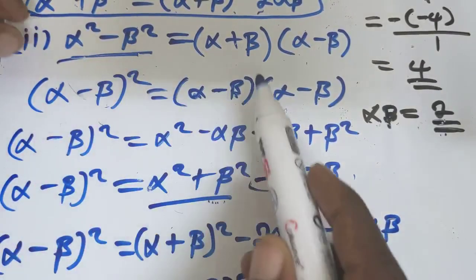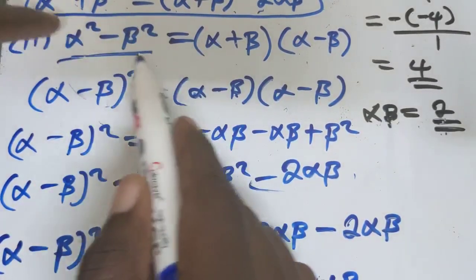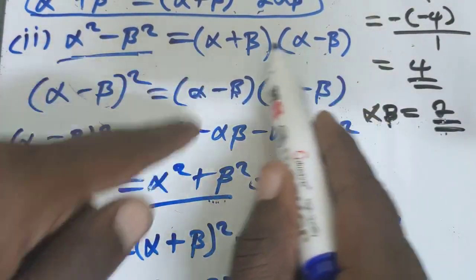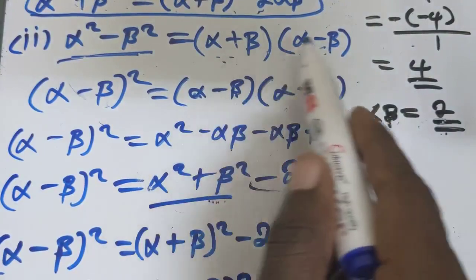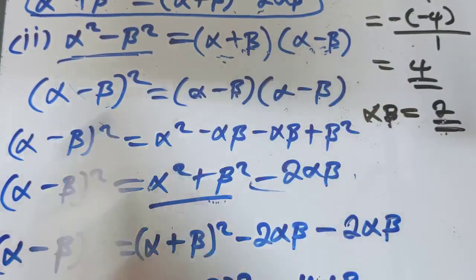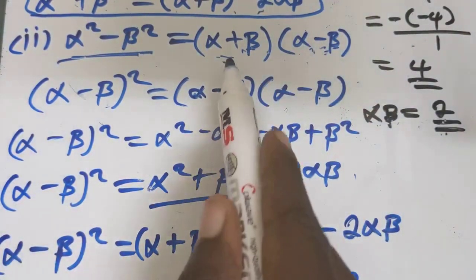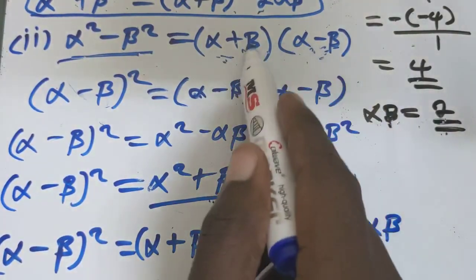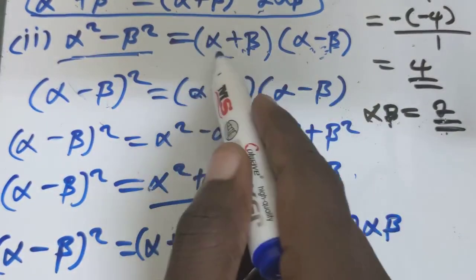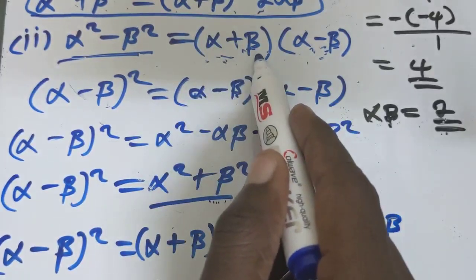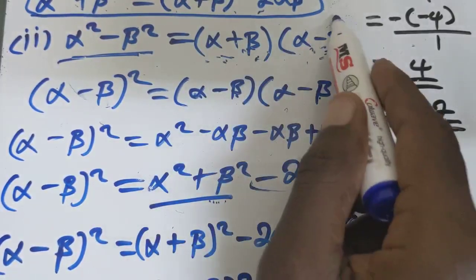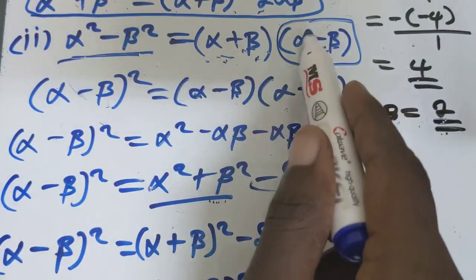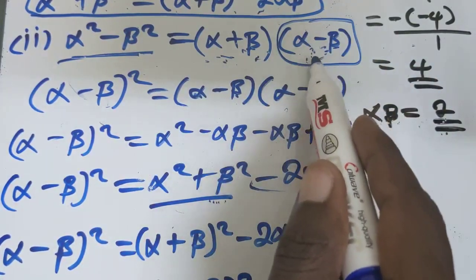When we refer it to the difference of two squares, it is giving us that this is its formula. We already know this one. Now what we want to find is this one, so that we can put the variables here.